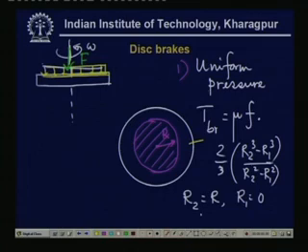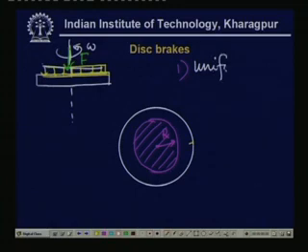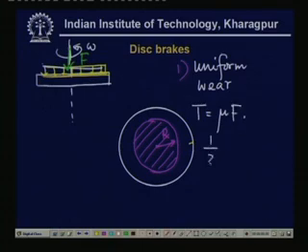Now, we have a second situation when the brake is worn out, then we have the condition of uniform wear. That is for the old brake, and in this case T will be equal to mu times F, the total force, times this equivalent radius, that is half of (R1 plus R2).